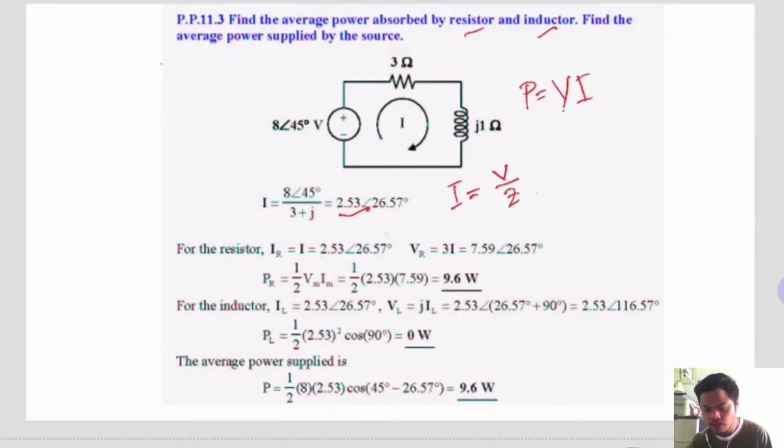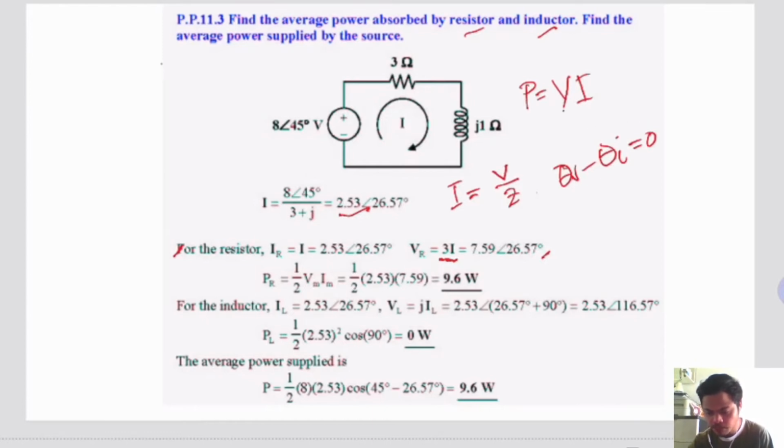To compute the voltage of the resistor, we simply multiply 3 ohms by the current obtained. You have 3 times 2.53 is 7.59 angle 26.57 degrees. If we apply the formula for average power, since this is a resistor, the difference between the angle of the voltage and the angle of the current should be equal to 0.